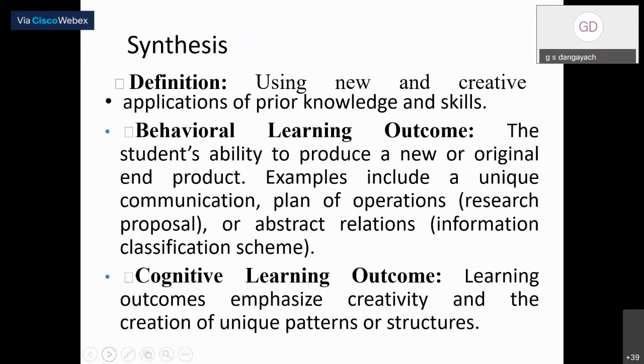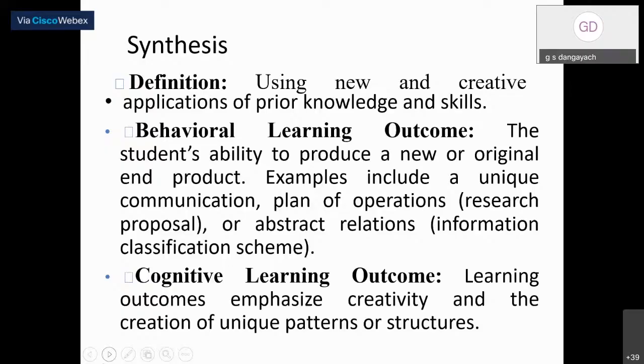Now, the next level is synthesis: using new and creative applications of prior knowledge and skills. Here, the student should have sufficient knowledge, then he can do this synthesis level. Here, it is the student's ability to produce a new or original end product.